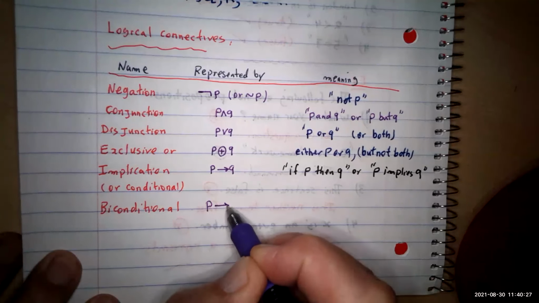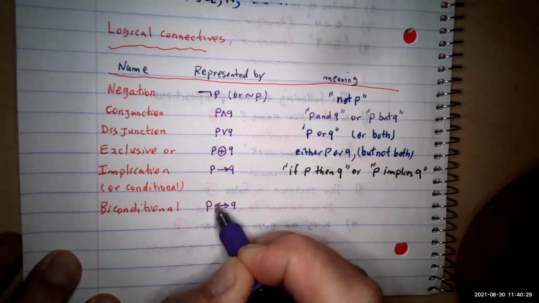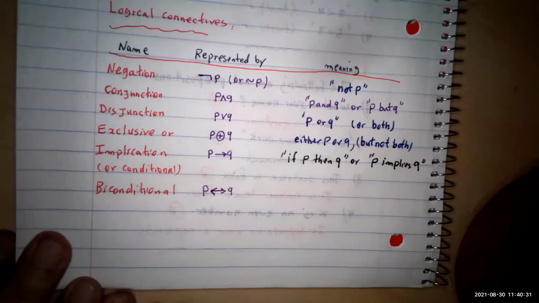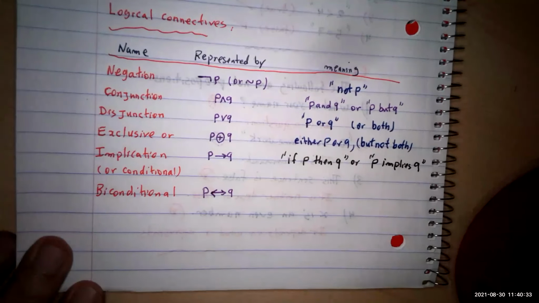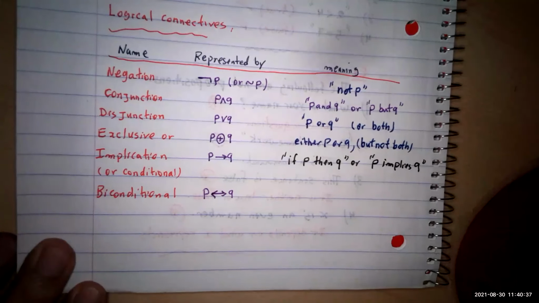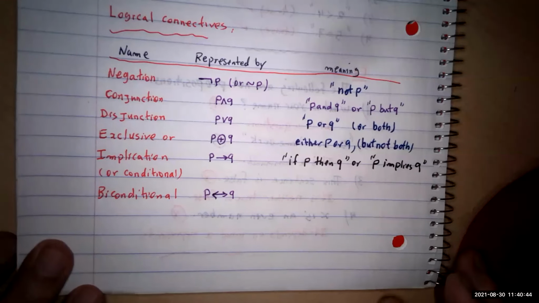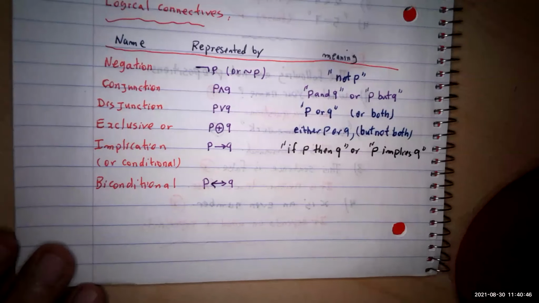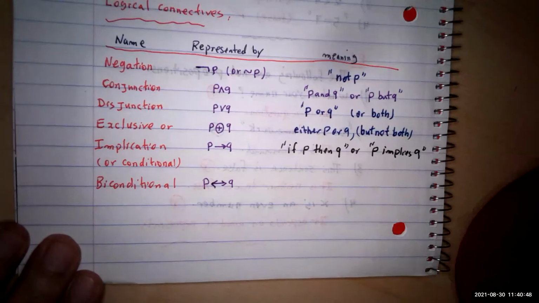P if and only if Q. This means if P then Q and if Q then P at the same time. Sometimes some theorems are biconditional, meaning you can have both sides: the theorem and its converse.